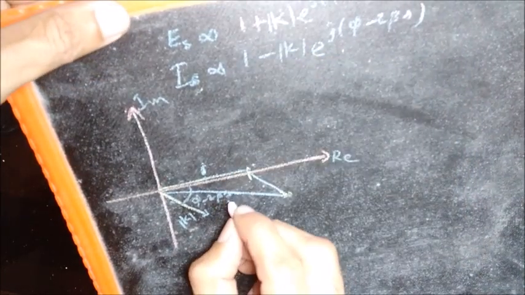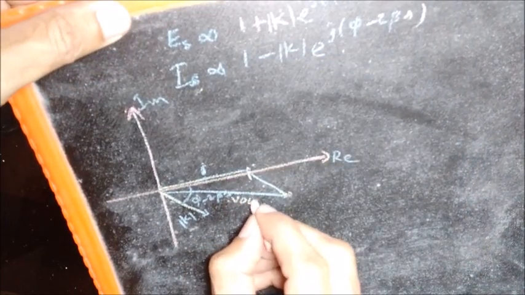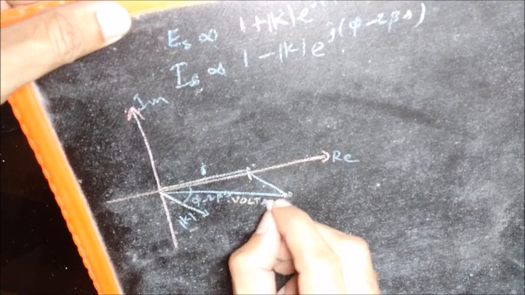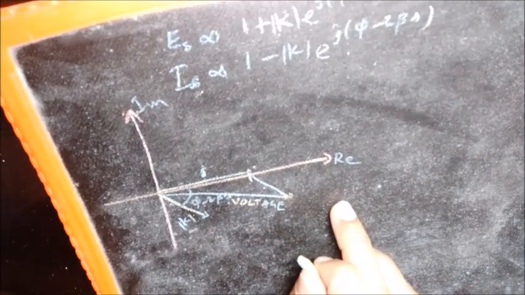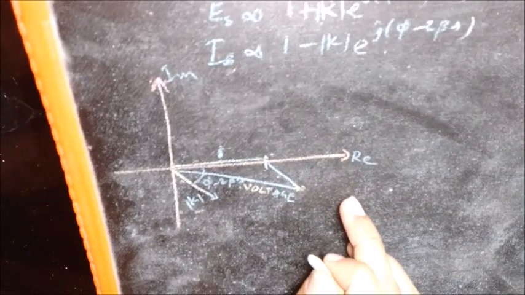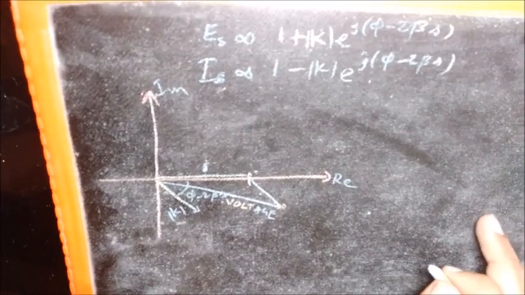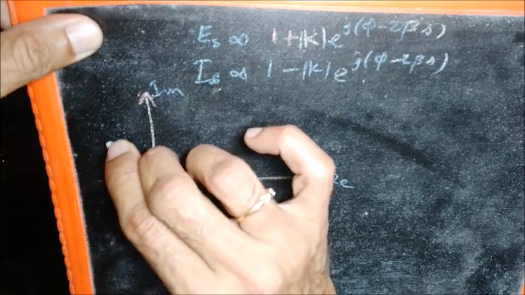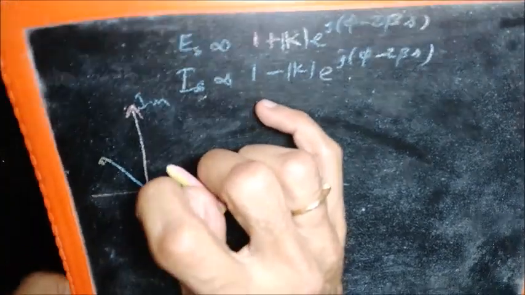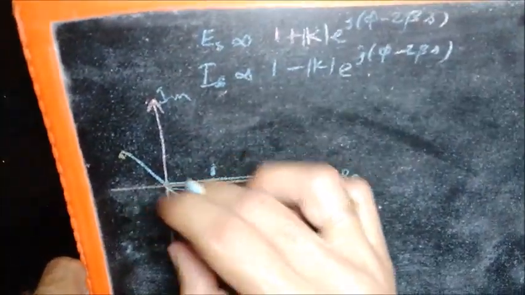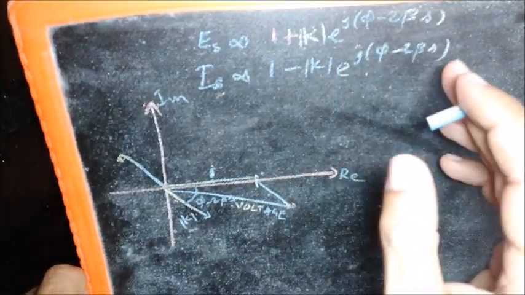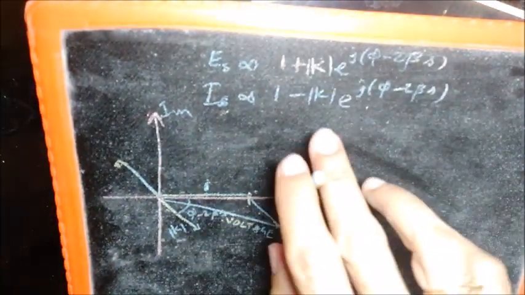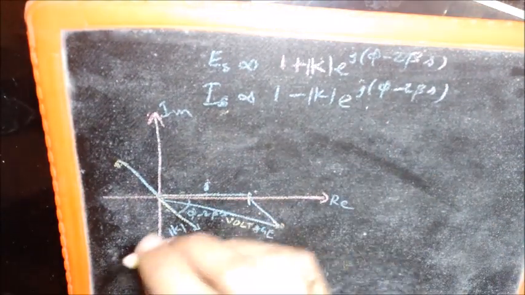This phasor is representing the voltage. And minus k will be like this, 180 degrees phase shifted from k e raised to j (phi minus 2 beta s). If you shift it by 180 degrees, you get minus k e raised to j (phi minus 2 beta s).